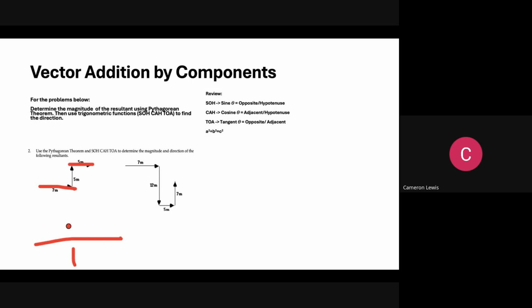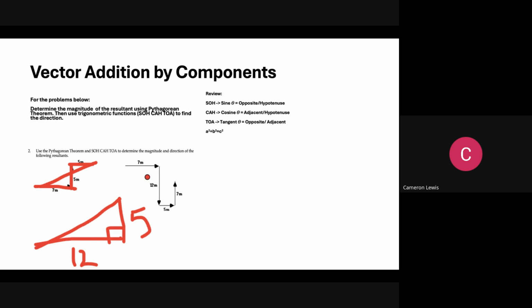Now, how much did I go up? 5, right? Once again, my displacement is here. So if I go from here to here, now I have my triangle.